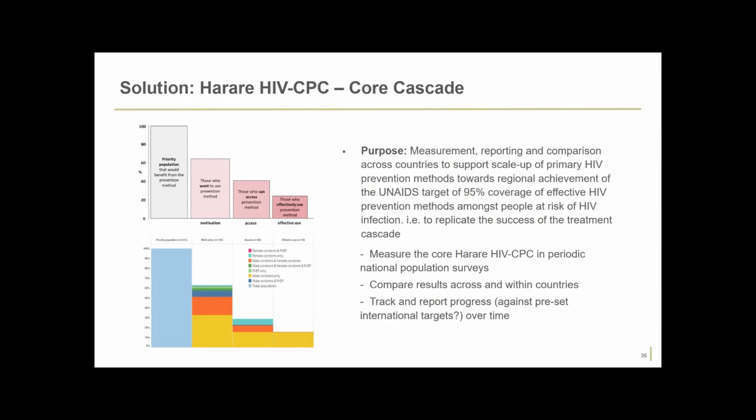The blue one indicates the priority population, and out of those motivated to use, we subdivide again to show which particular prevention methods they are motivated to use. As we go on, access: which ones are they able to access? Then last, which prevention methods can they effectively use? This is how the core cascade is arranged, as we were developing the Harare combination prevention cascades using the core cascade platform. Let's move on.